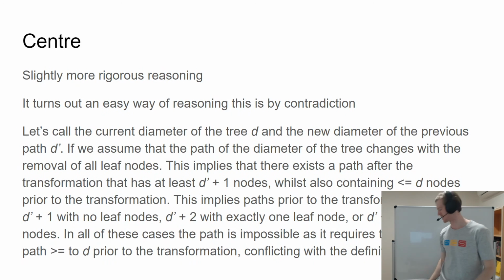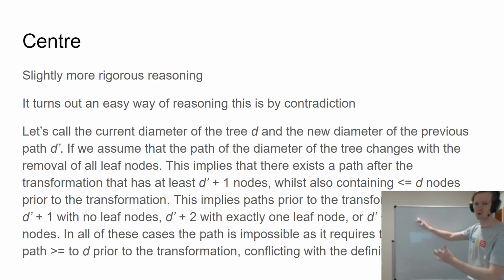What if this wasn't the case? What if we could somehow remove all the leaf nodes from a tree and it would end up with a different diameter? So, a path that had a diameter larger than the previous diameter that we had.